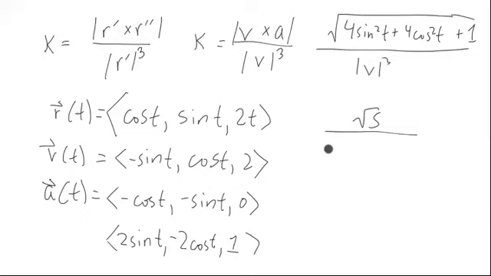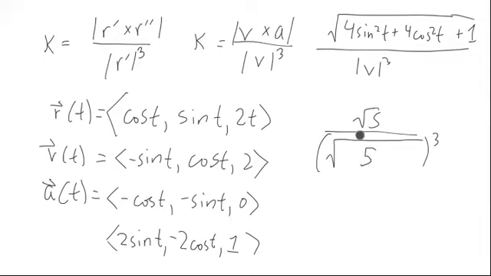Then we need to find the length of the velocity vector right here, and then cube it. So the length there would be, well, we take this sine squared plus cosine squared plus 4. Sine squared plus cosine squared is just 1. And then we have 1 plus 4, which would be 5, right? And so we have square root of 5 quantity cubed.